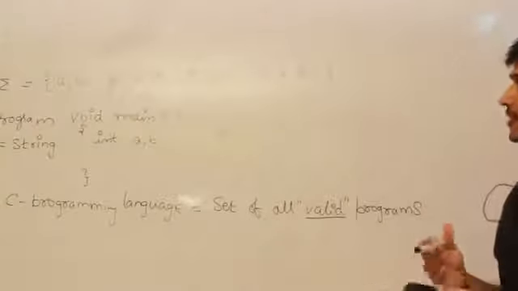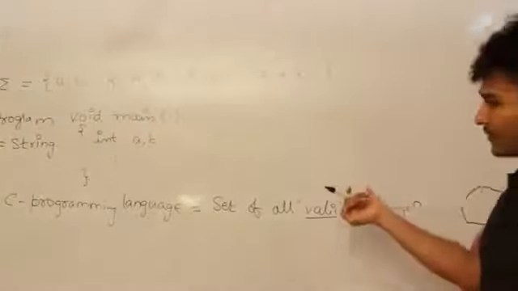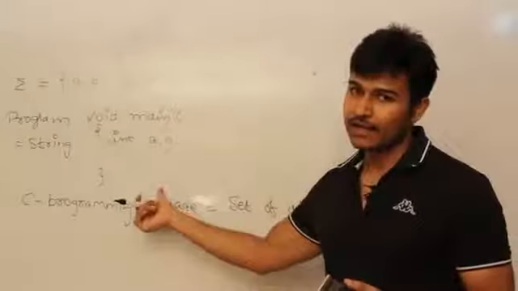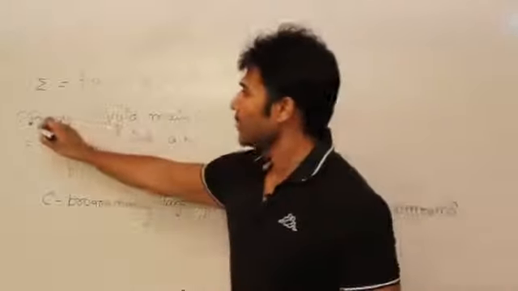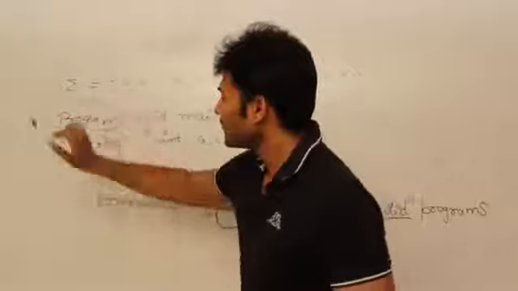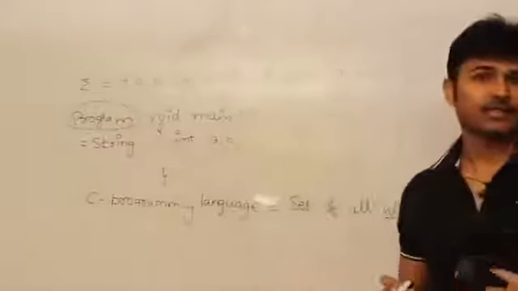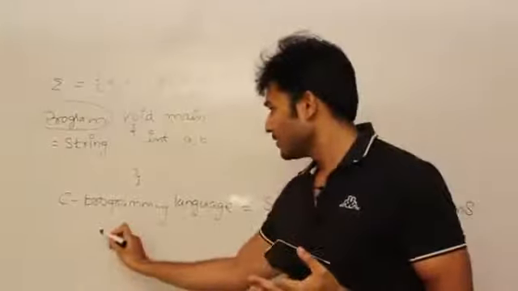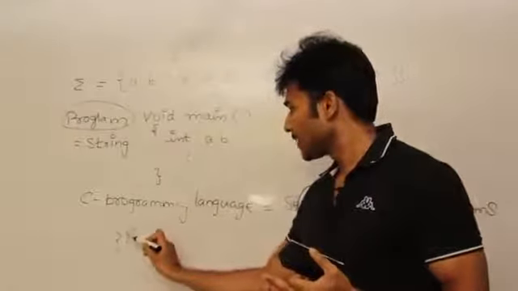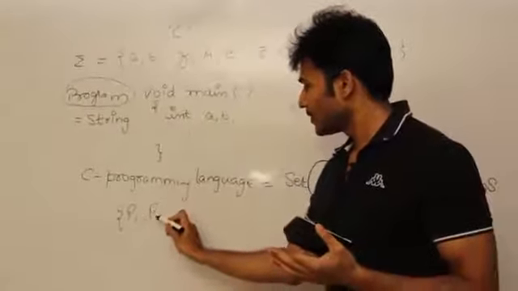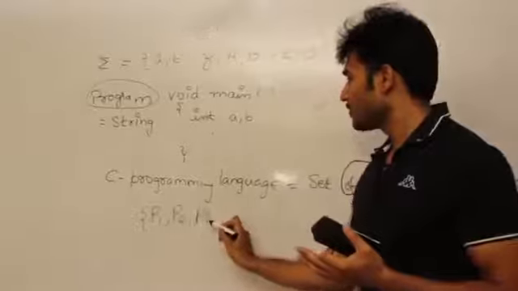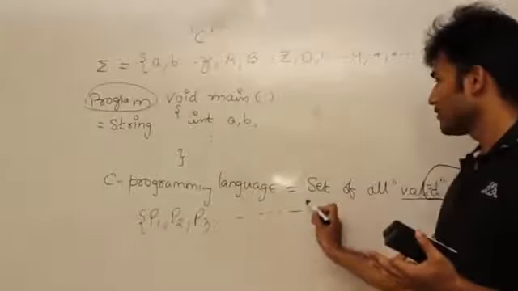So the first question is, how many strings will be there in the C programming language, or how many programs are possible over the C programming language? The answer is infinite. You can write any number of valid C programs, like let us say P1 is a program, P2 is a program, P3 is a program, so on, infinite.